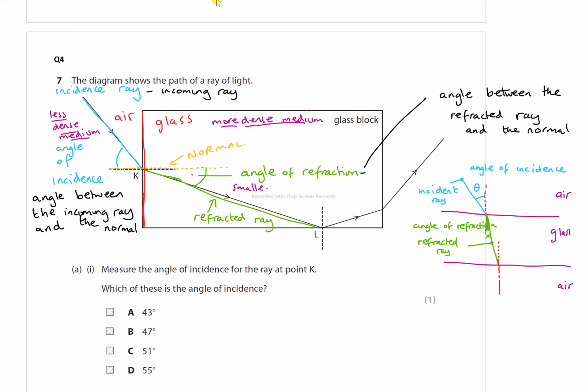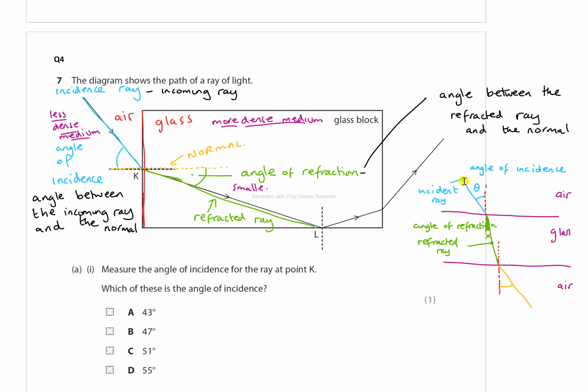And then it's going to bend away again. So what's happened is, your ray comes in, it's refracted towards the normal, and then it's refracted away from the normal.